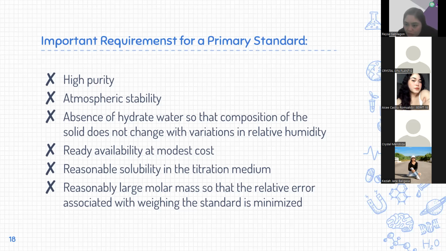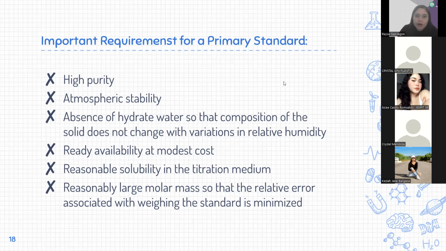And it should be hindi mahal, hindi expensive. And kung i-dissolve natin siya, since the primary standards are solid, like for example sa water, kailangan soluble siya. And then it should have reasonably large molar mass so that the relative error associated with weighing the standard is minimized.